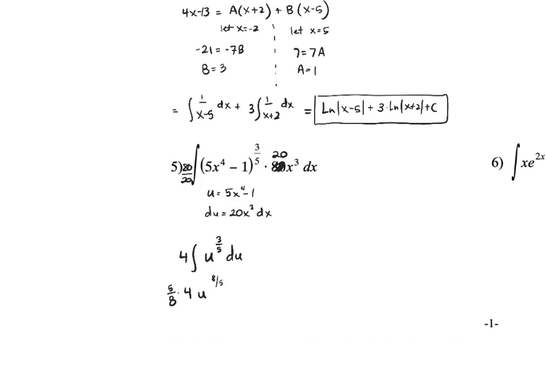So then 5/8 times 4 is 20 over 8, or 5/2. Times u to the 8/5, which is 5/2 times 5x to the 4th minus 1 to the 3/5 plus c.